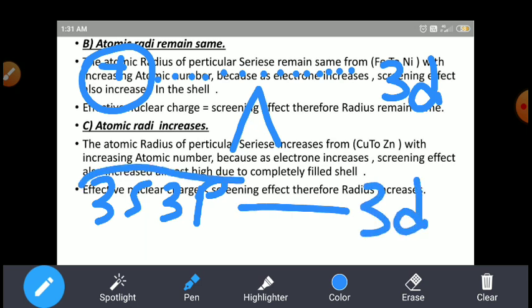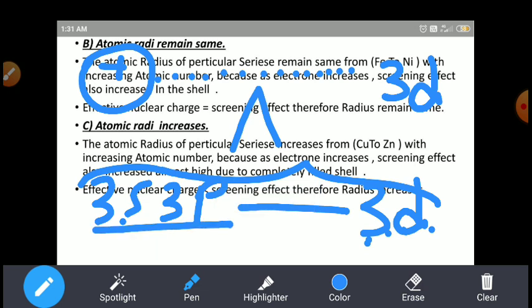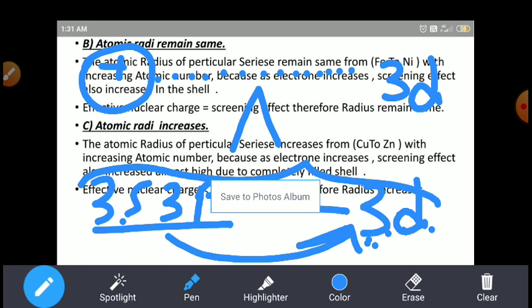So here the screening effect is greater because the d orbitals are completely filled here. It means the 3s and 3p orbitals cause more repulsion to the 3d orbitals, and the 3d orbitals, also completely filled, cause a little bit of repulsion to the 4s. So that's why the size goes on increasing from copper to zinc.